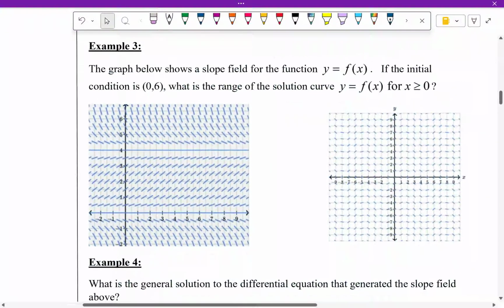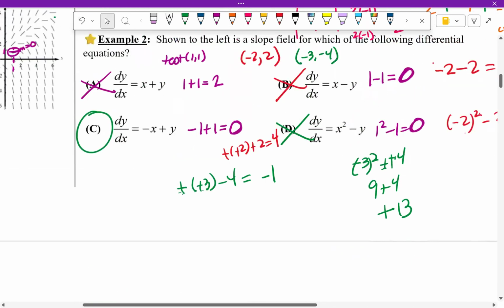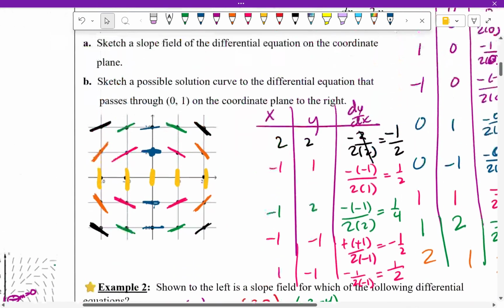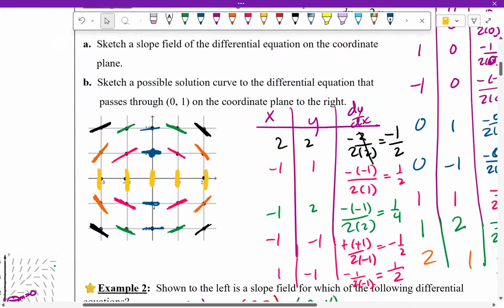All right, so I was squishing things in, okay? So this graph here goes to example 3, and this graph here goes to example 4, okay? All right, so the graph below shows a slope field. Oh, wait, we forgot something on the first question, didn't we? I didn't do B on the first one.